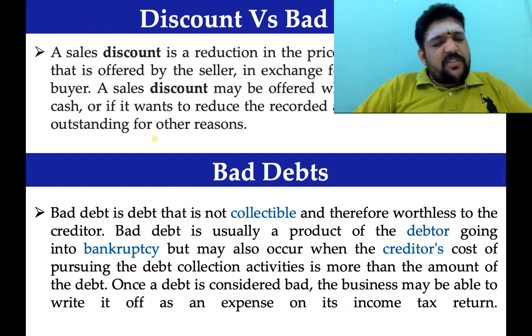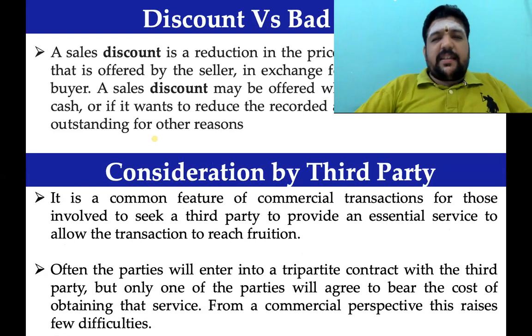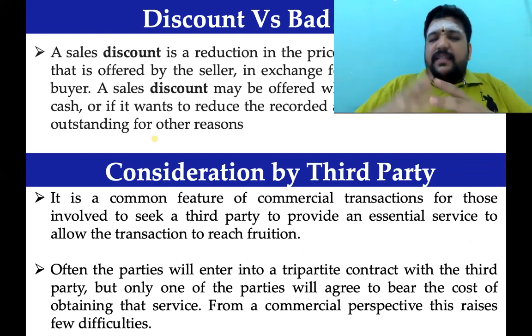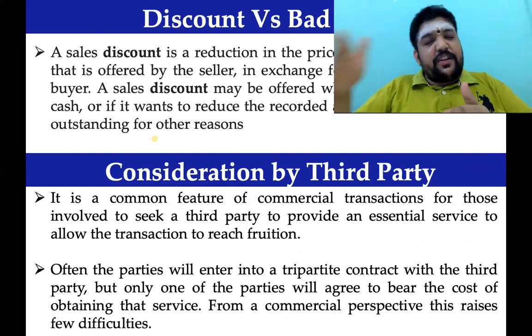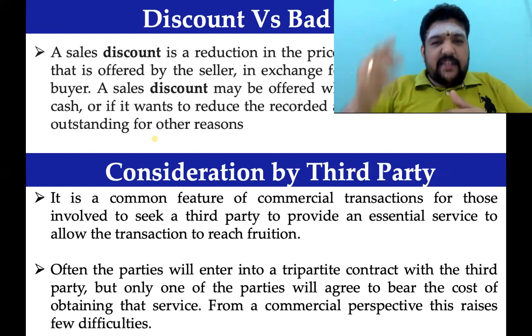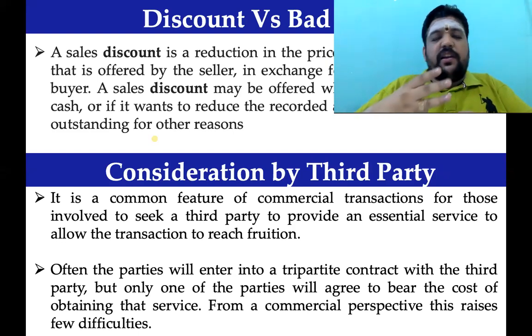But when it comes to discount, a post-supply discount is possible. Of course, Section 15(3) has laid down certain conditions. If somebody satisfies those conditions, it will take care of it. Is there a possibility of getting consideration from a third party? Yes. There can be tri-party contracts, transactions where three parties are involved.